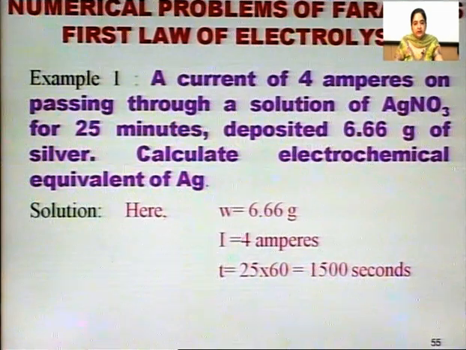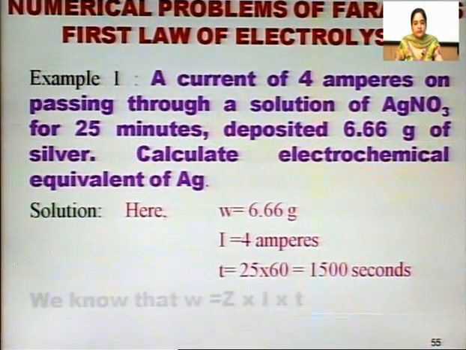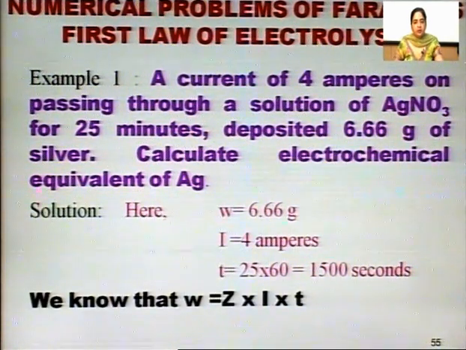T is equal to 25 minutes, so 25 into 60 is equal to 1500 seconds. Now we know that W is equal to Z into IT. This is Faraday's first law.